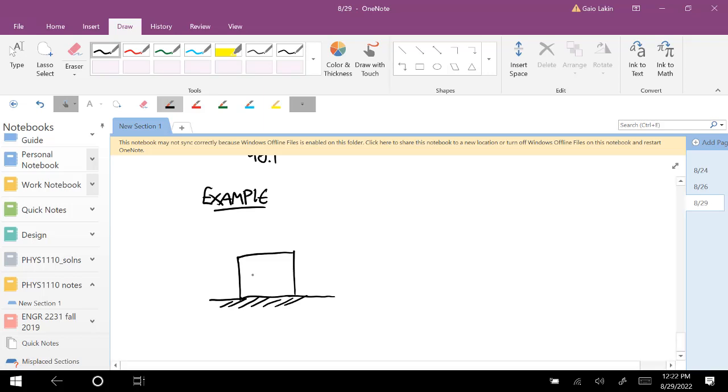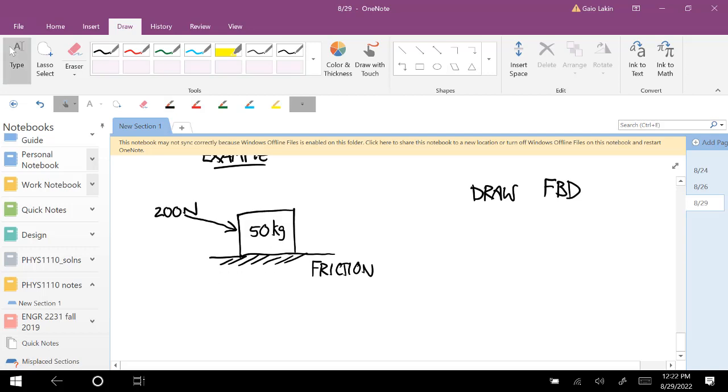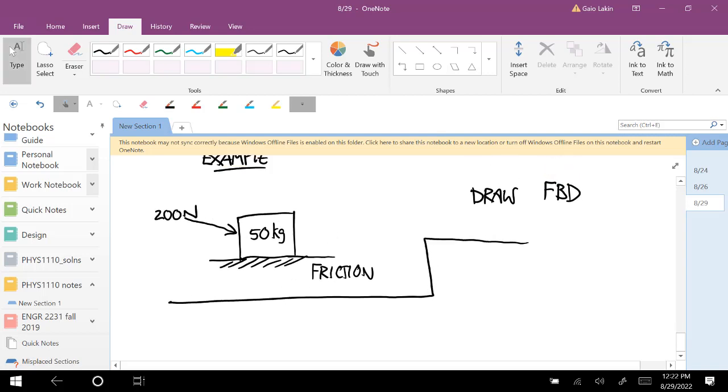Let's say again it's 50 kilograms. There's friction down here. And let's say that we're applying a force, pushing on it at an angle, of 200 newtons. And we want to draw a free body diagram of the mass, again, the box.